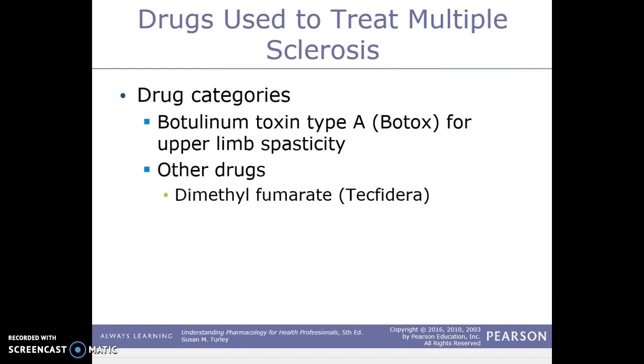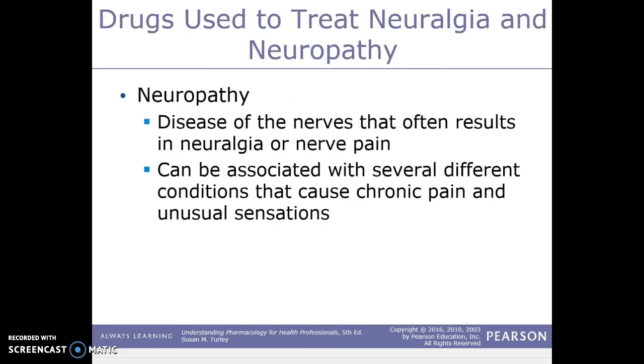Even chronic pain that they can't really put their finger on falls into this category. So just any kind of different nerve pain and things like that. Maybe neuropathy coming from your diabetes, all those types of things. And again, lots of different categories of things that are used.